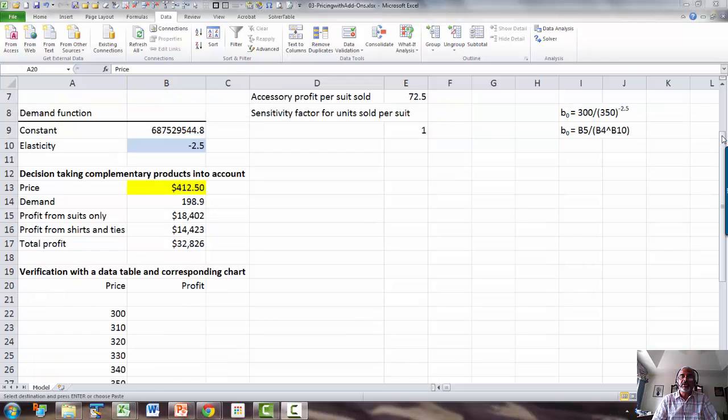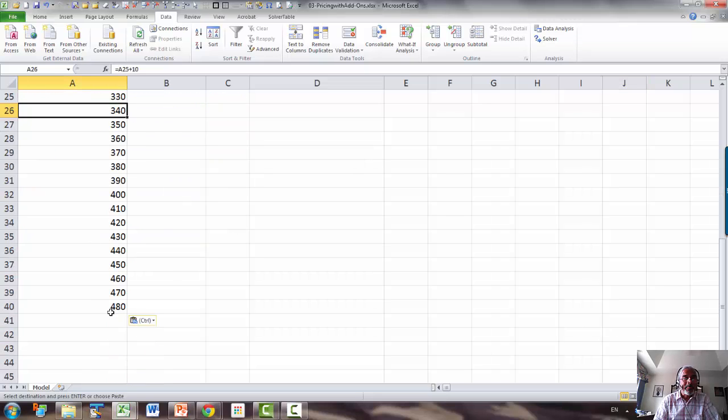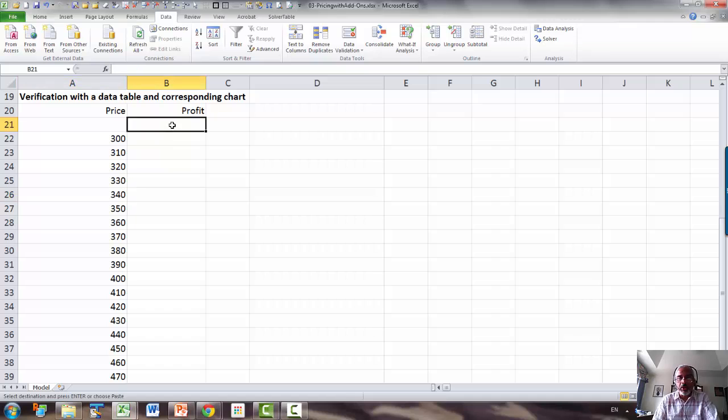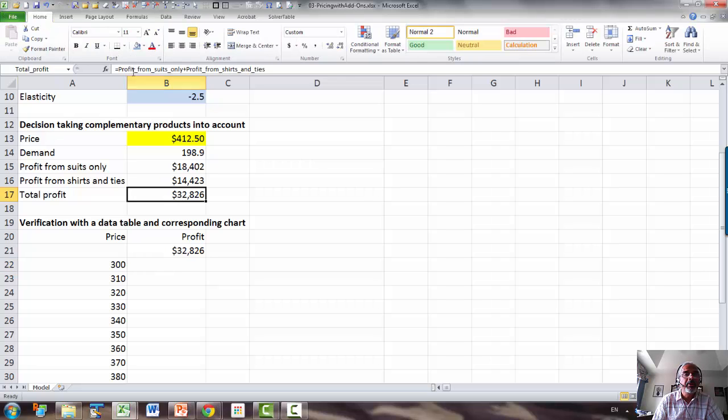So now before we run solver, let's see what happens if the price changes, and then see what the total profit curve will look like. So we'll do a data table. We'll go from $300 for price to $480. Okay, and we want to do a data table of the profit. Profit should be color coded.